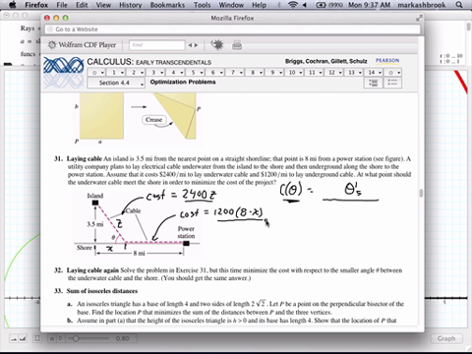Yeah, we need thetas. So the question is, how can we get Z in terms of theta? And X in terms of theta? So once you have Z in terms of theta and X in terms of theta, now this is using those relationships we just talked about.